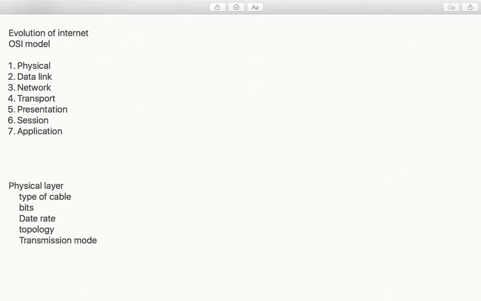In simplex mode, there will be only one-way communication. That is, the sender always sends data to the receiver, and the receiver always receives the data. There is no option for the receiver to send data back to the sender. That is simplex mode, one-way traffic. If you go ahead with half duplex mode, there will be two-way communication.